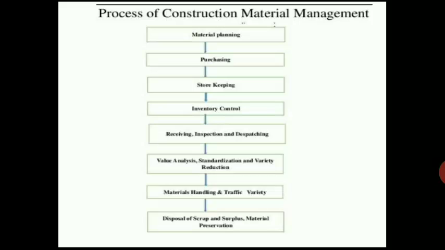In the receiving, inspection and dispatching department, the responsibility is to receive the materials when they are delivered by the suppliers. After receiving them, the quantity and quality must be checked.